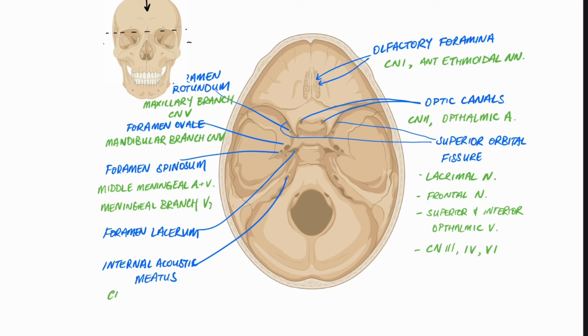And a little bit more posterior to that, very much within the temporal bone, we find the internal acoustic meatus, and that will transmit cranial nerves 7 and 8, which are facial and vestibulocochlear, and it's actually quite a large passageway, this meatus, and it'll also hold the vestibular ganglion and also the labyrinthine artery.